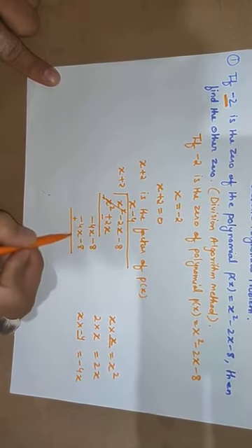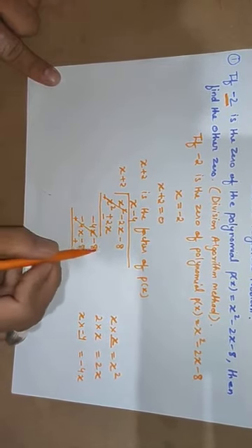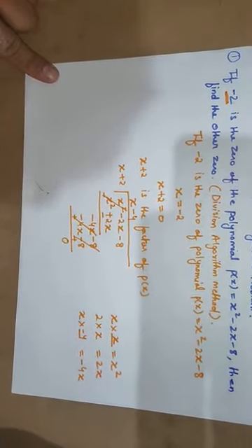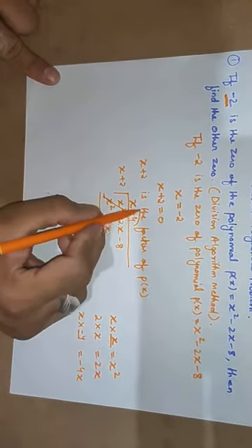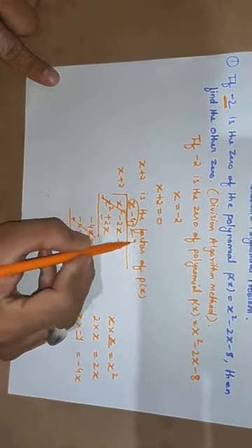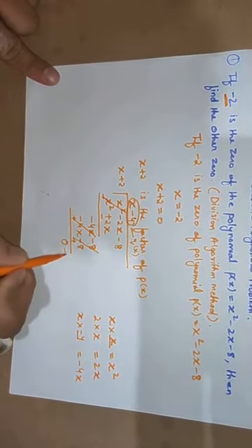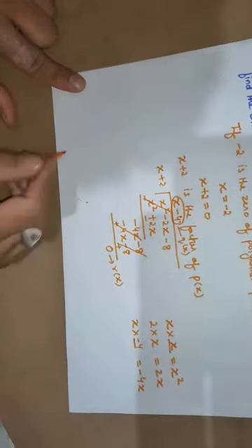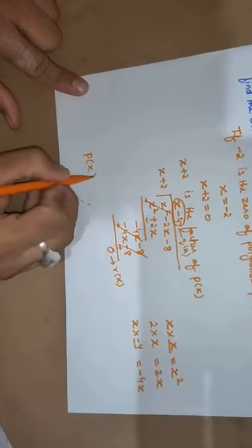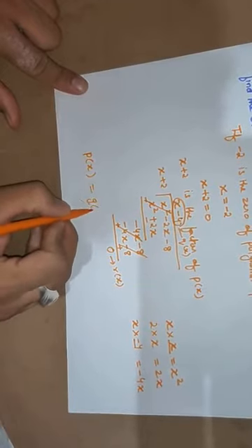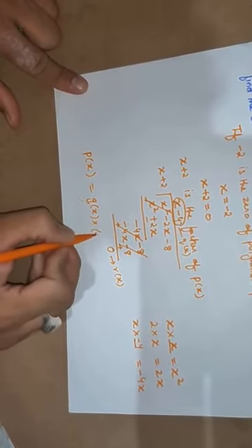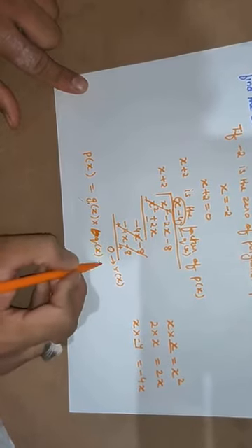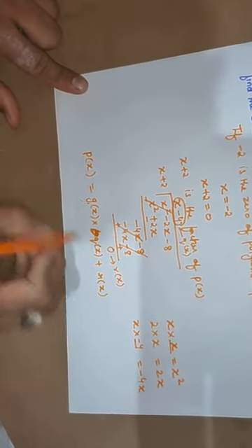Again I change the sign, so this cancels and this also cancels, and my remainder is 0. That means this is my q(x), and this is my r(x). You already know p(x) equals g(x) into q(x) plus r(x).